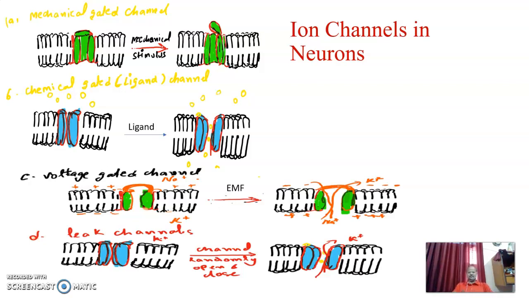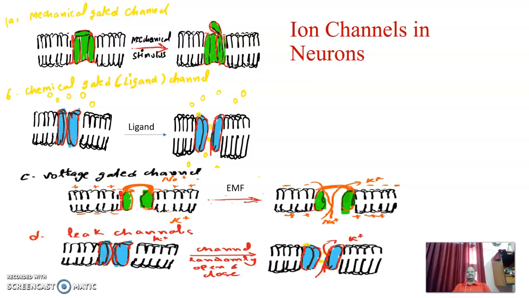Then the fourth one is the voltage gated channels, which open and close in response to a particular voltage change. For example, if there is excitability in the membrane, then there are two types of channels: sodium channels and potassium channels. The sodium channels basically have three states.